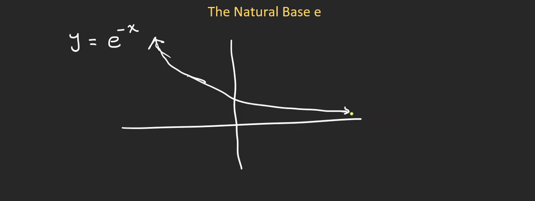It will never touch y equals 0, but it will be very close to 0 as x gets bigger. Again, the y-intercept will be 0, 1. And the domain, again, is all real numbers, negative infinity to infinity. And the range is 0, not including 0, to infinity, meaning that the range has to be a number that's greater than 0. That's the range.